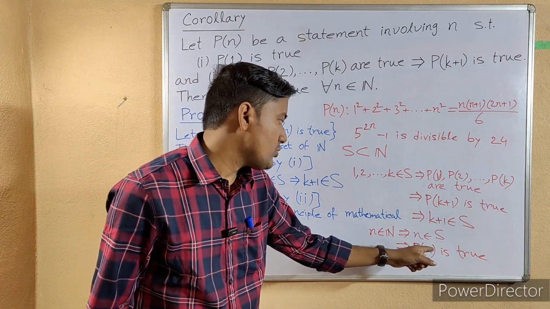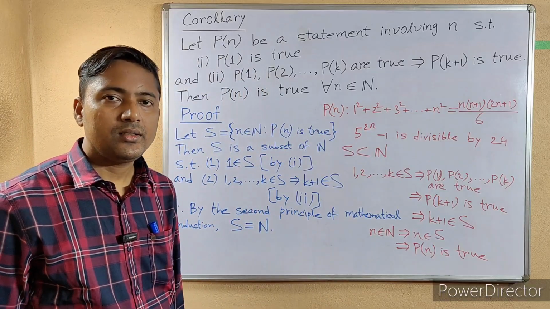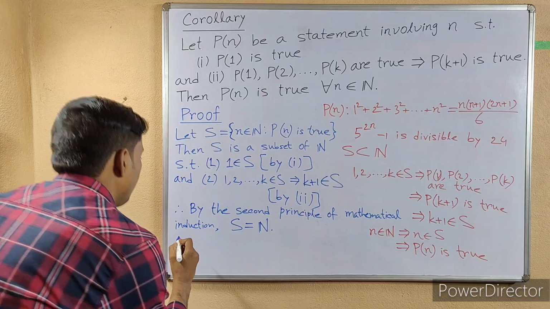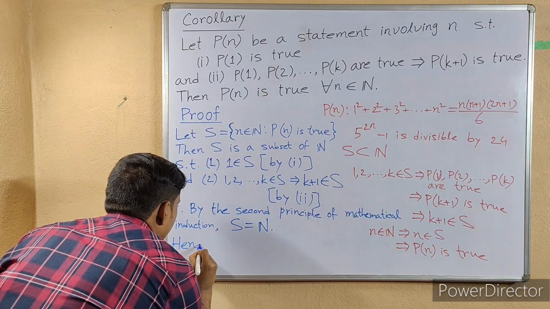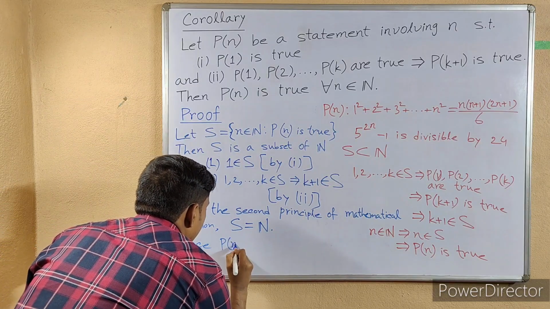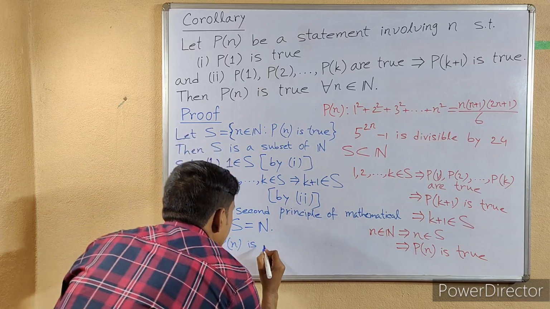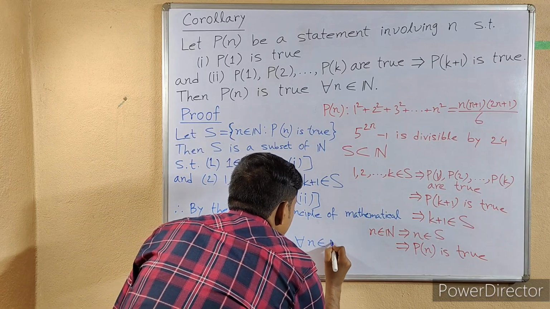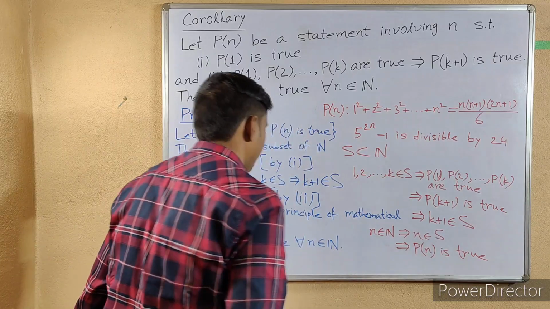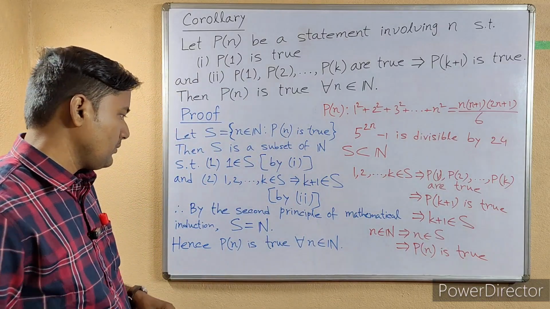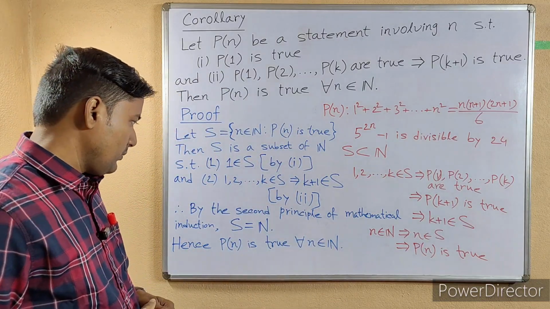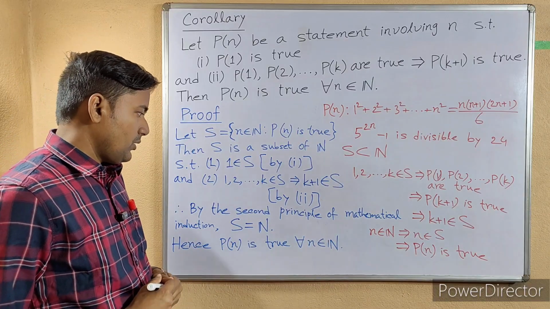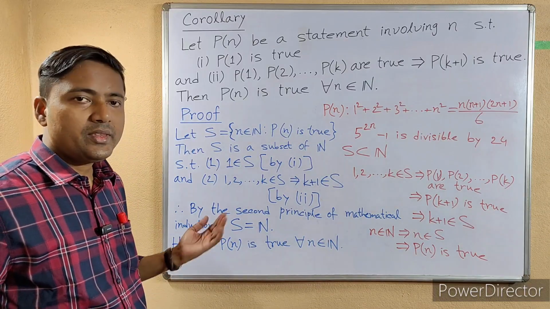That is, Pn is true for all n belongs to N. Hence Pn is true for all n belongs to N. Okay, this completes the proof. Alright, so that's it.